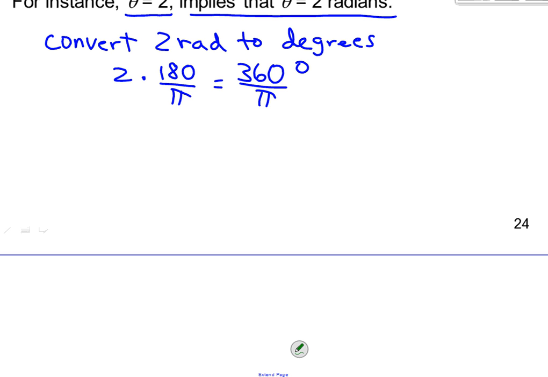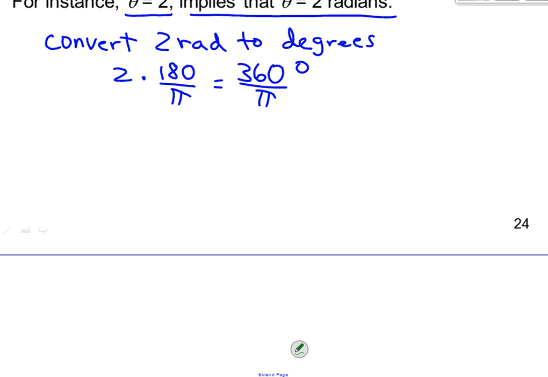Do you agree with that? Well, when we're looking at degrees, think of that as a full hour. So a degree has 60 minutes. It's just like a clock. And a minute has 60 seconds in it.